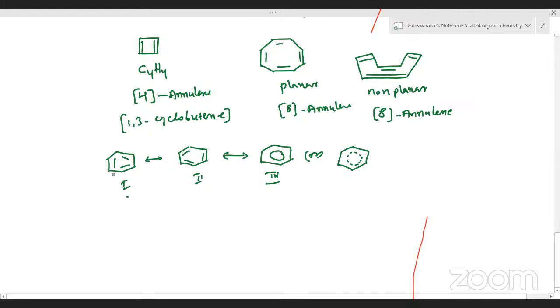Due to that reason, all the CC bonds and CH bonds have the same length.